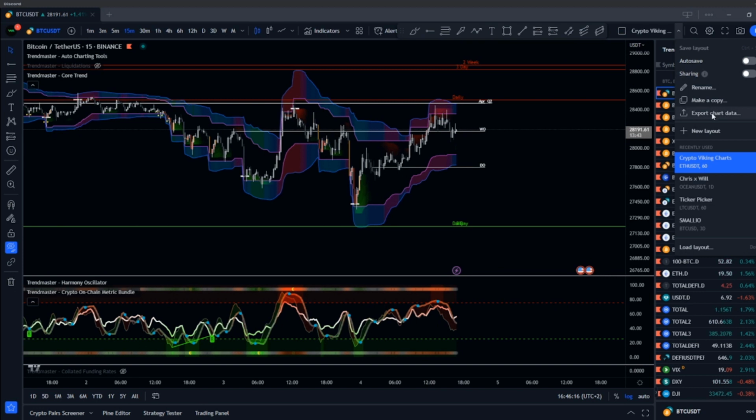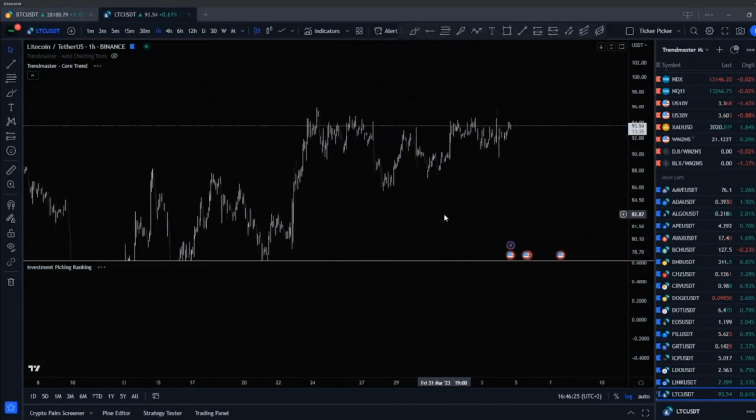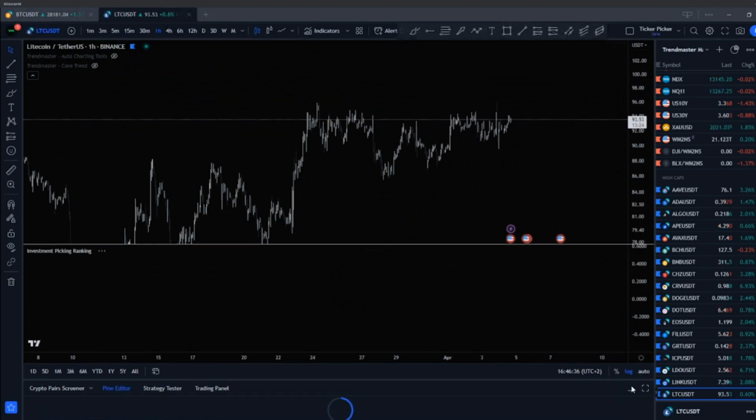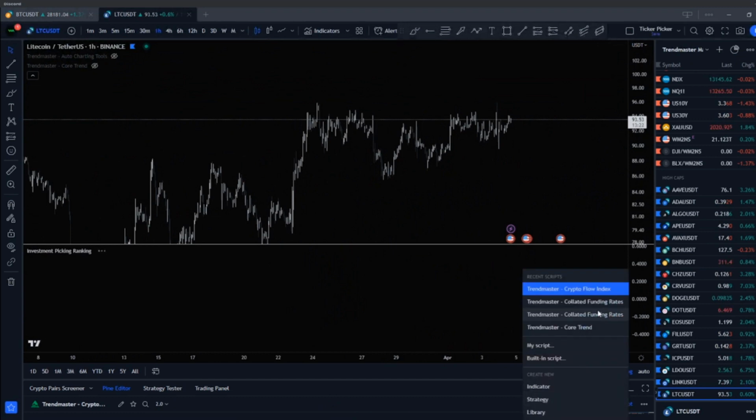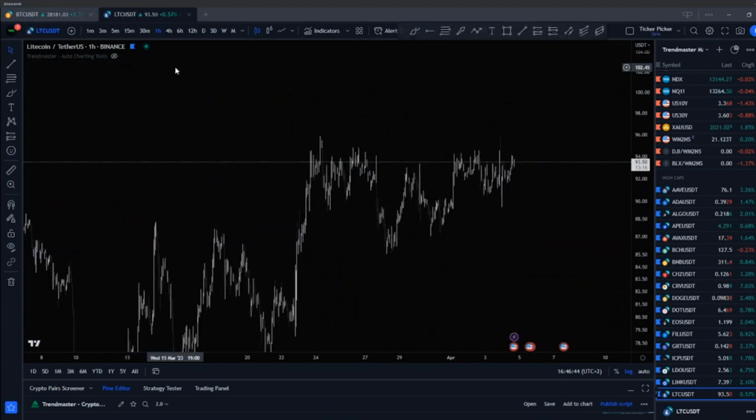If I load, is it the ticker picker? Yeah. So this is the one that's coming out. I'll give you guys a little preview that we're going to be releasing on Thursday. It's a bit of a big one.